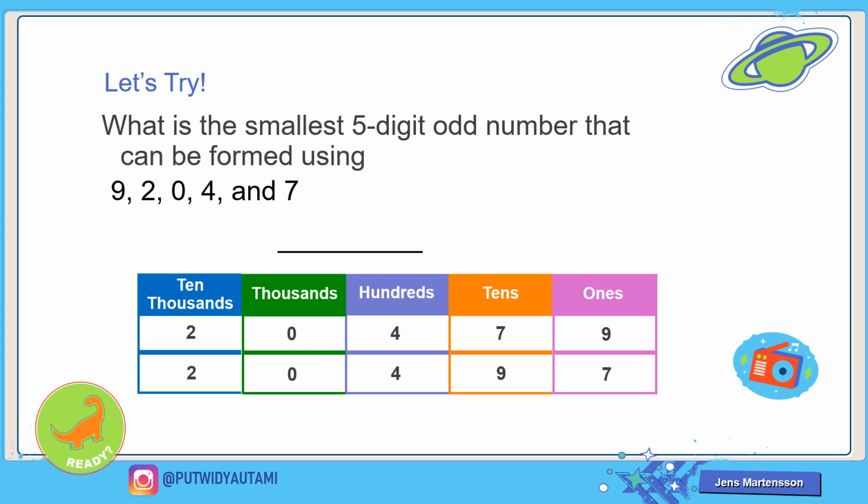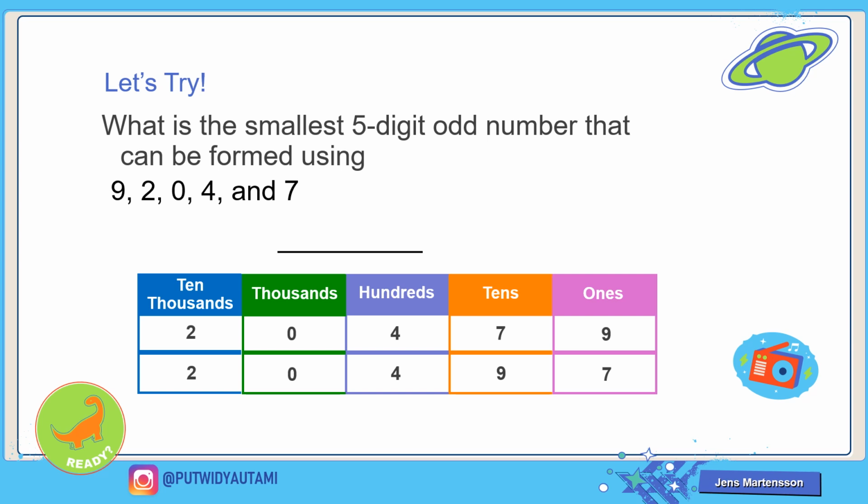And let's see, what is the smallest 5-digit odd number? Let's compare them. The 10,000s are equal, the thousands also equal, the hundreds also equal, the tens, are they equal? Of course not. Which one is smallest?